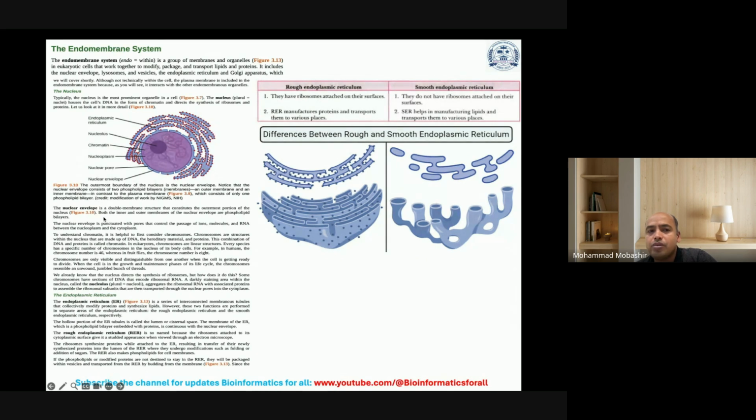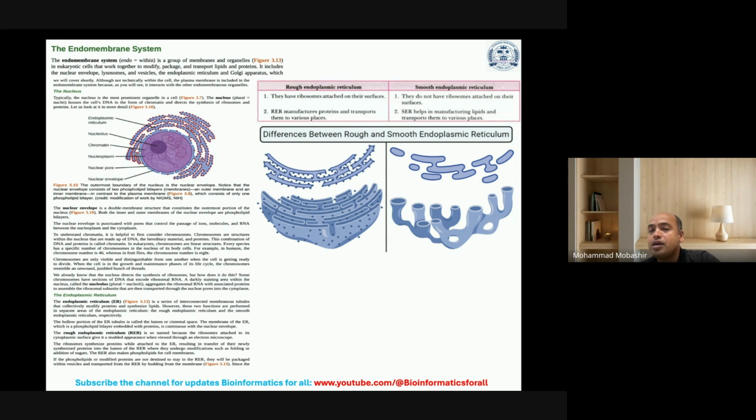What is the nuclear envelope? You can just understand it as similar to the cell membrane. And then what are their roles? What is the endoplasmic reticulum? What is the purpose of rough and smooth endoplasmic reticulum? What is the real function and how does it transport the synthesized materials, proteins, or lipids?